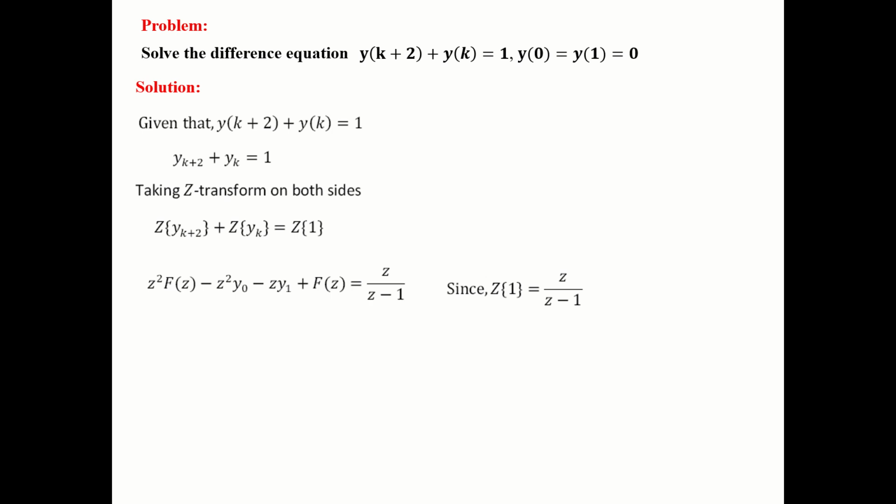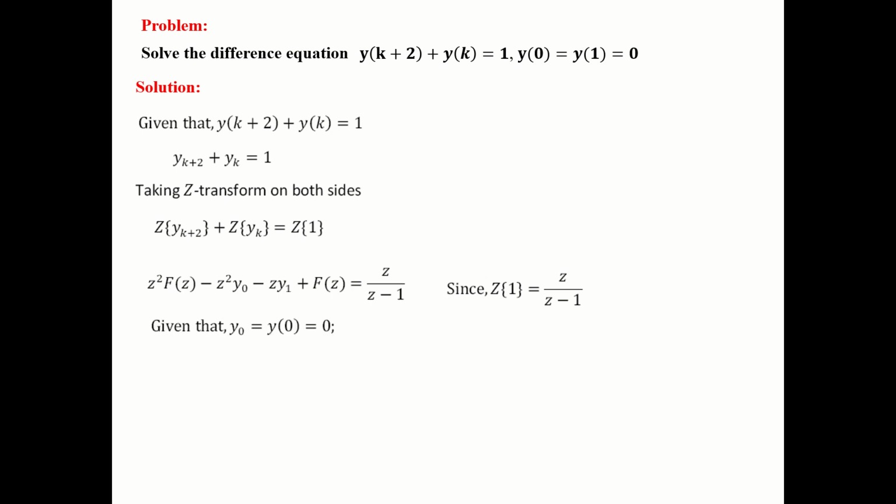The formula for Z of y(k+2) is z square into F(z) minus y0 minus y1 by z. That is the formula. Multiplying with z square, you will get the first three terms in the first line. Then Z of y(k) is nothing but F(z), and Z of 1 on the right hand side is z by z minus 1.